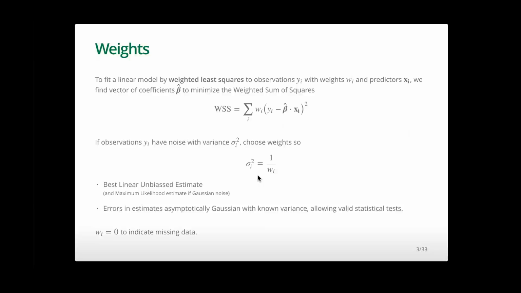Another reason to choose weights this way is that the errors in the estimates of these coefficients are going to be asymptotically Gaussian, and we're actually able to work out the variance of the errors. That'll let us perform valid statistical tests. And finally, we can use a weight of 0 to indicate missing data, so this can cope with missing data in a fairly nice way.